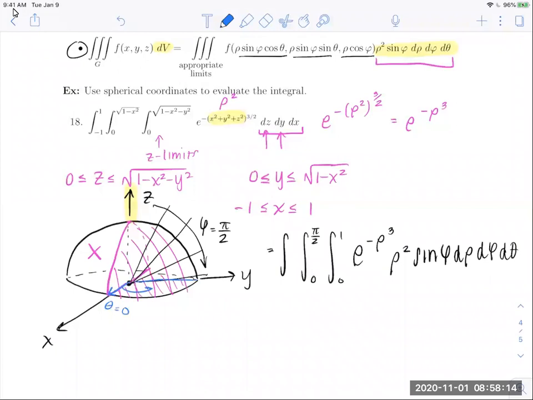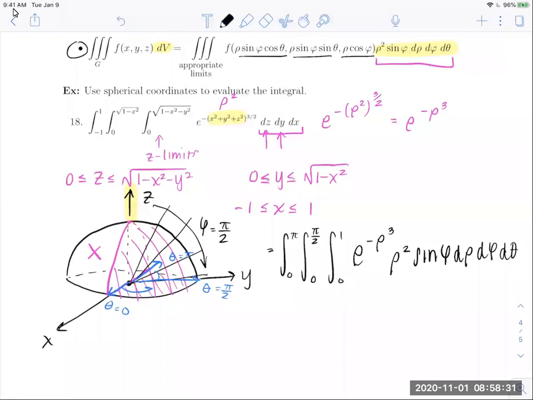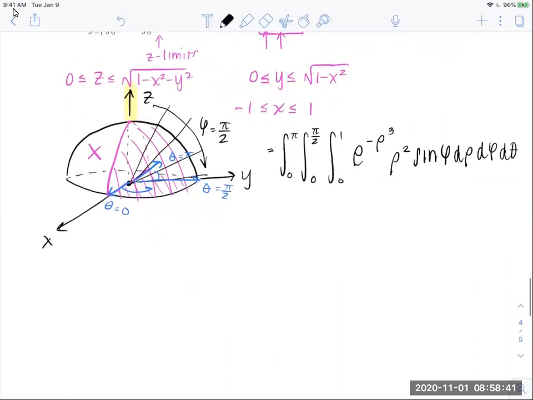When we get to the y-axis, this is theta equals pi halves, but we actually want to go all the way around to the negative x-axis where theta equals pi. So my theta limits are going to range from 0 to pi. All right, at this point, we have successfully transformed the triple integral into spherical coordinates. And now what we want to do is carry out the integration.